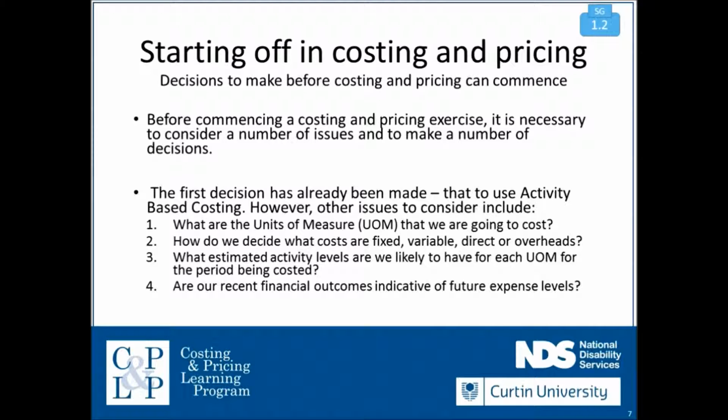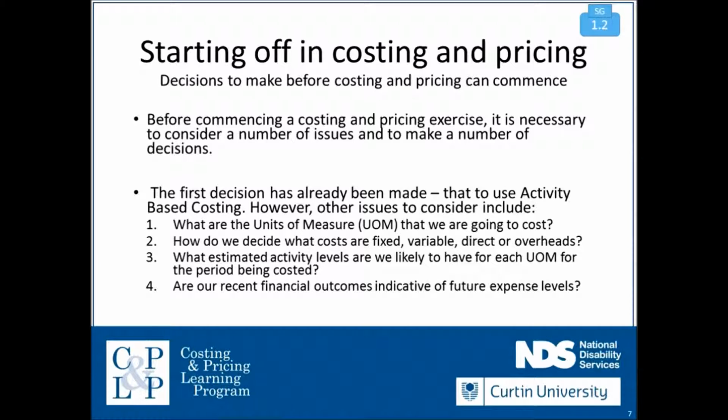The third element that we need to be aware of after having made those two decisions is to actually estimate our activity levels for each unit of measurement that we're going to be providing within the period of costing. Activity-based costing is about forecasting three essential things. Firstly, what your costs are likely to be. Secondly, what level of activity you're likely to have for each unit of measurement.